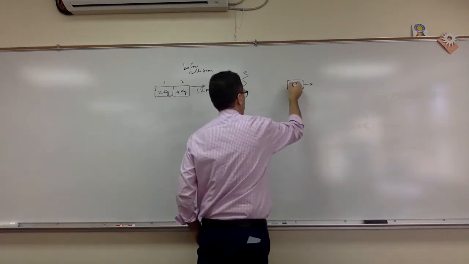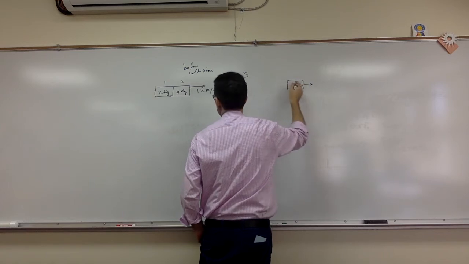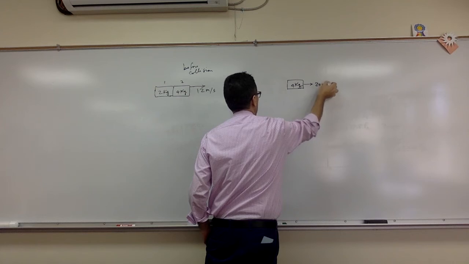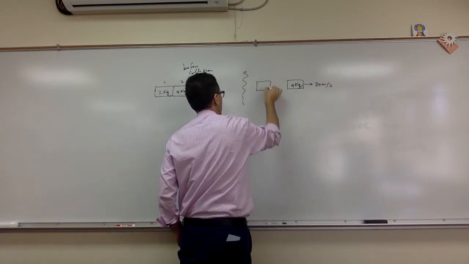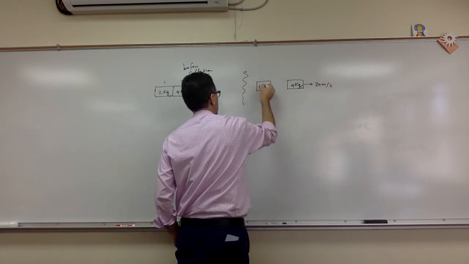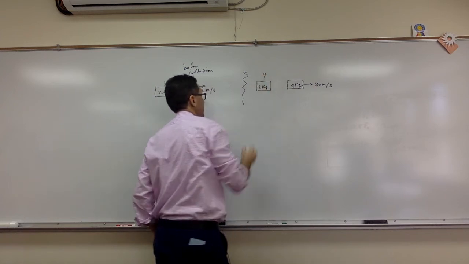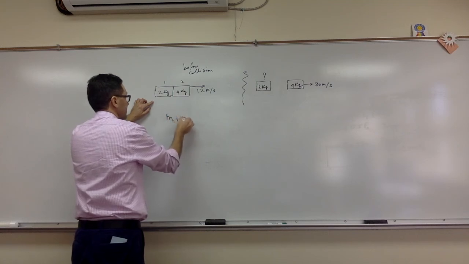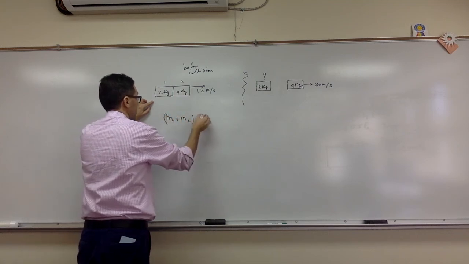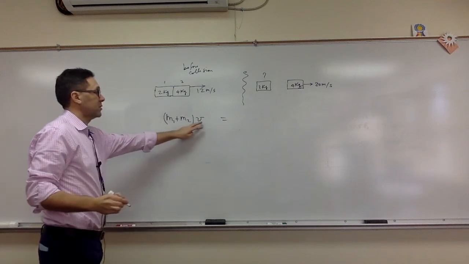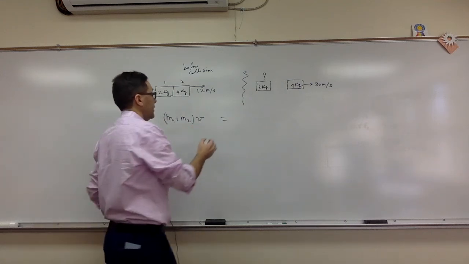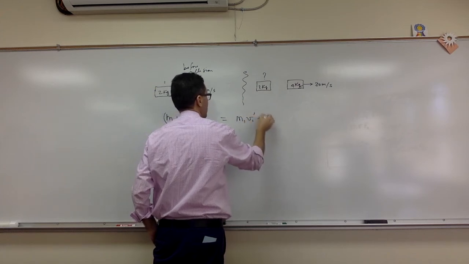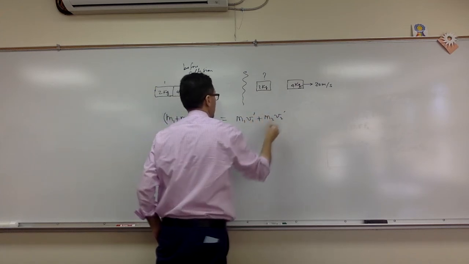So I'm going to say the 4 kilogram, I don't know, moves that way at 20 meters per second. So let's figure out what happens to the 2 kilogram mass. We don't know what happened to it. Well, here I started with 1 term. I'm just going to call this V. There is no reason to put subscripts here. Equals M1 V1 prime plus M2 V2 prime.